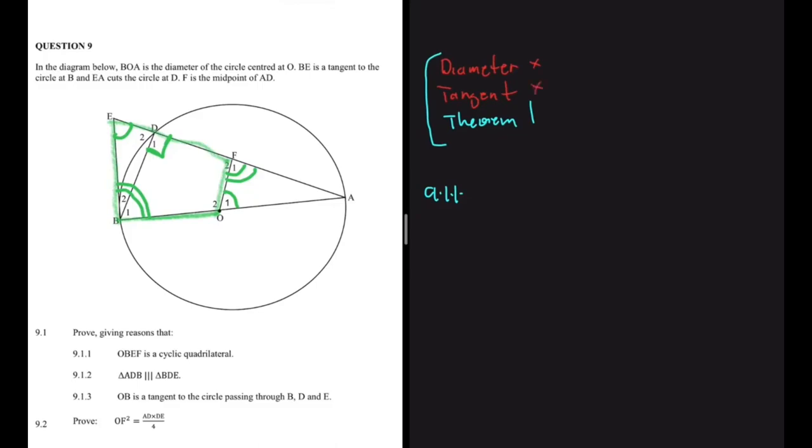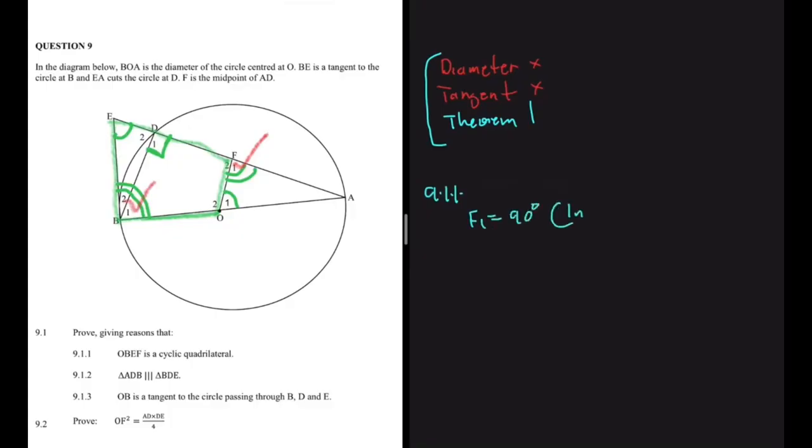Let's look at theorem 1. So by theorem 1, we have already said that this angle F1 here is 90 degrees. We know that F1 is supposed to be equal to the entire angle B here. So now let's just say that F1 is equal to 90 degrees. Why are we saying so?